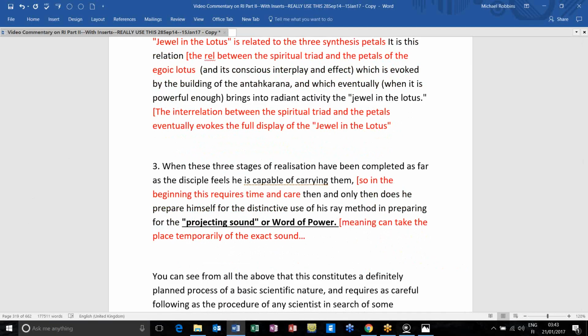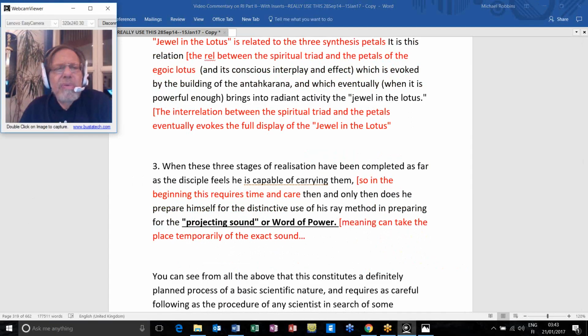So I would say that even those of us who've been working with the antahkarana for some time could go back and carefully follow these many steps with no sense of hurry until we have achieved what we consider to be a really adequate foundation for projection.